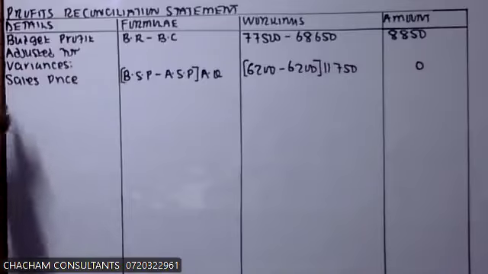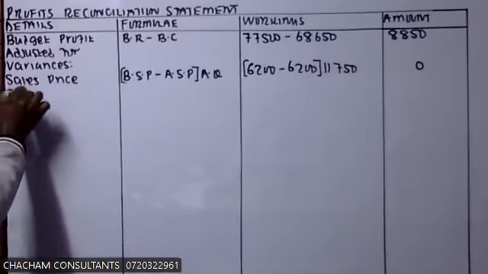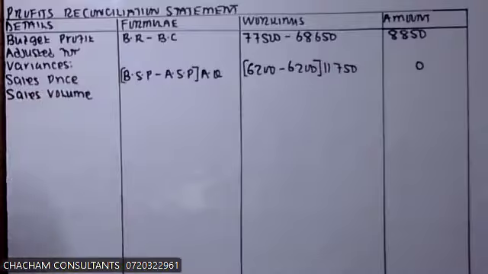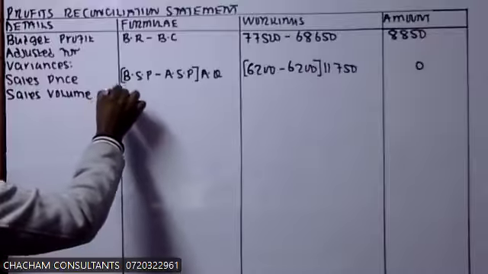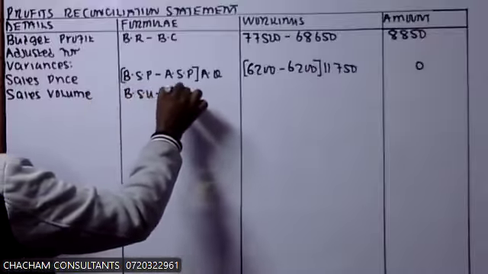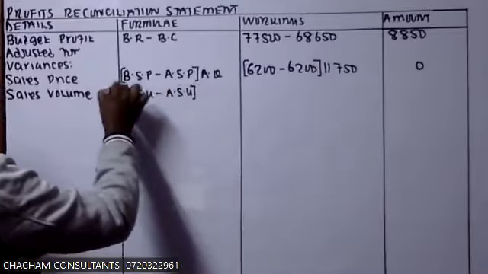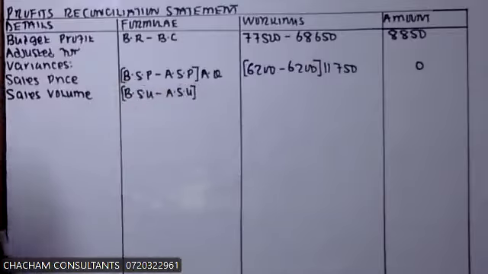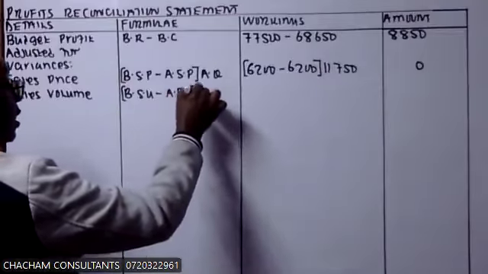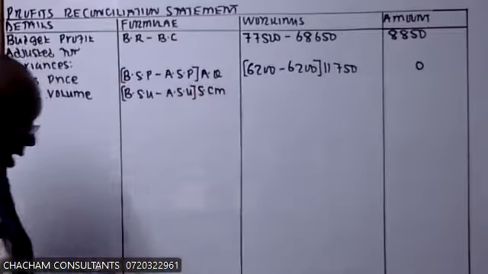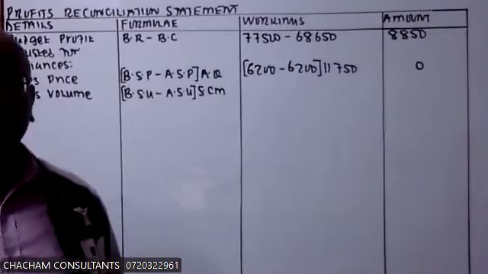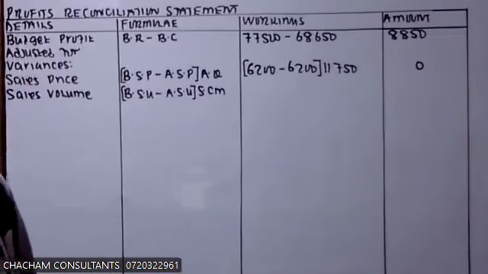Now let's come to sales volume. I told you you get it as budget sales units minus actual sales units, you multiply by the standard contribution margin, or the budget contribution margin.